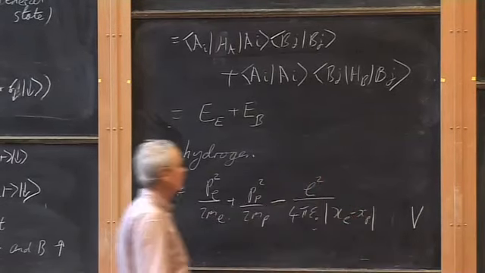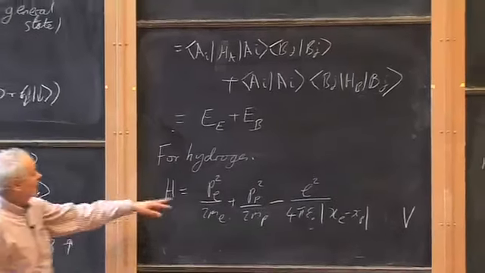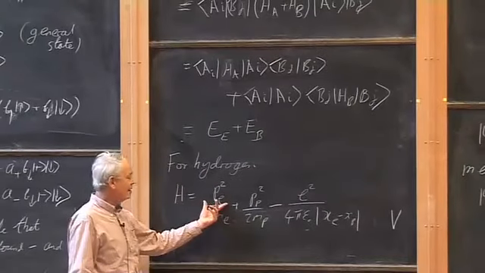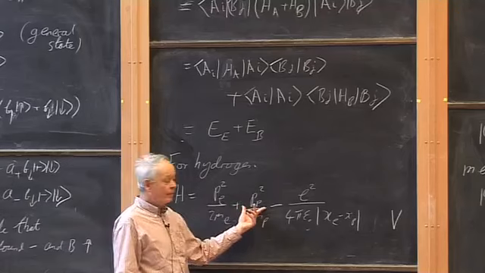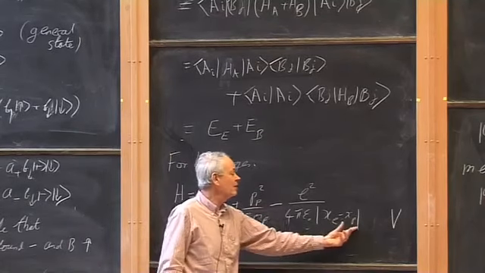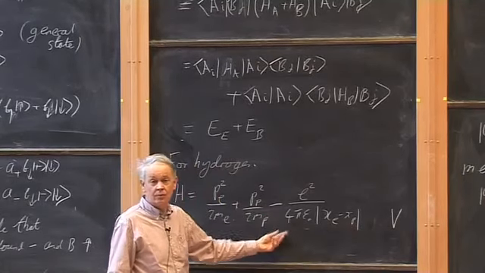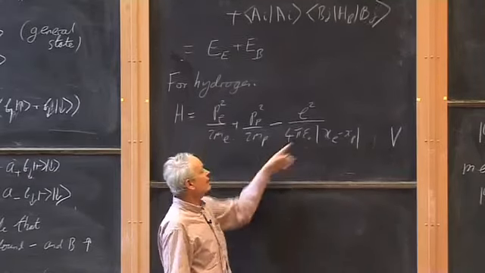All right, because the energy of the hydrogen atom is the sum of the kinetic energy of the electron and the kinetic energy of the proton and an interaction energy of the two. Right, because they electrostatically attract each other.